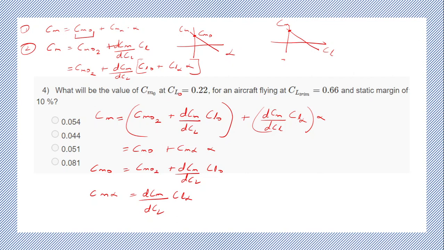Correct? Take a moment to go through this equation. So does this quantity equal this quantity? For a symmetric airfoil, it will be the same, but for a cambered airfoil, will it be the same or different? This CM naught and this CM naught 2.